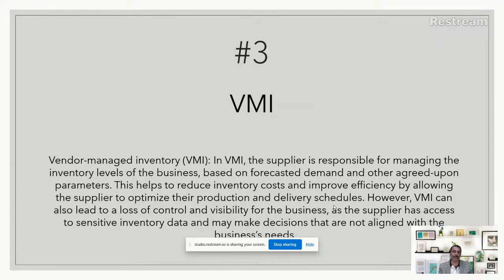Here also the focus is on material availability. Instead of us directly managing, we allow the vendors to manage our inventory. Here the ownership is with the buyer, but the seller is assisting in our inventory management. Possibly sometimes they will have access to our planning system.